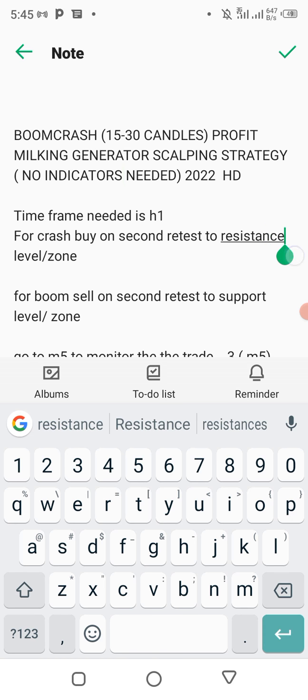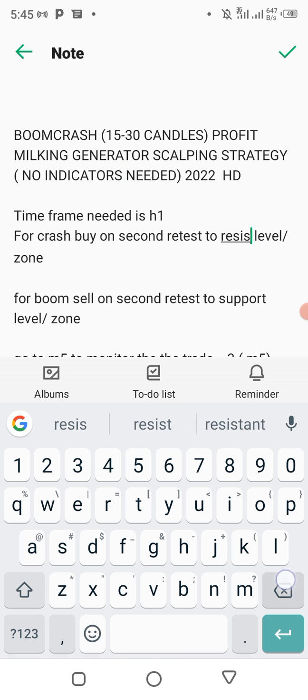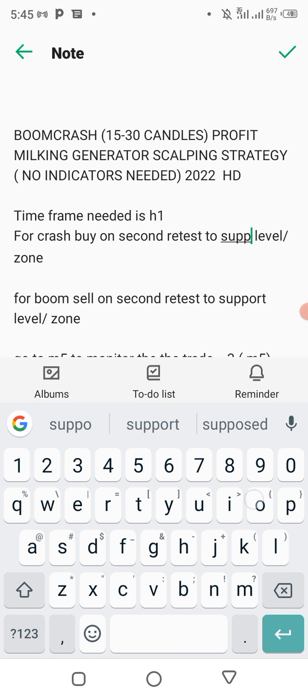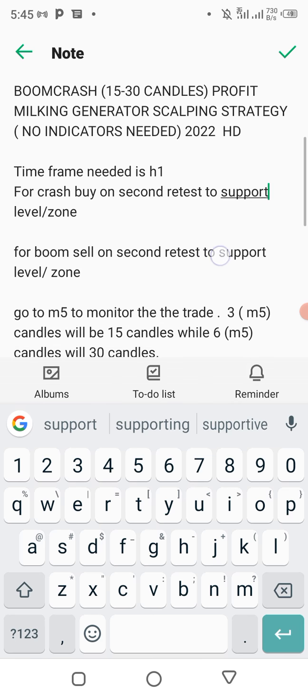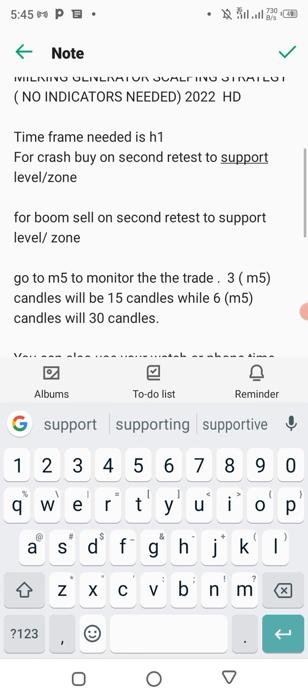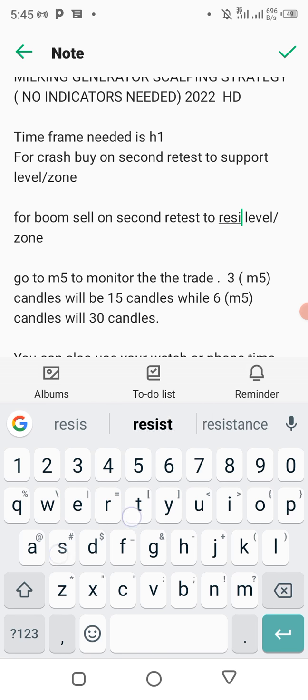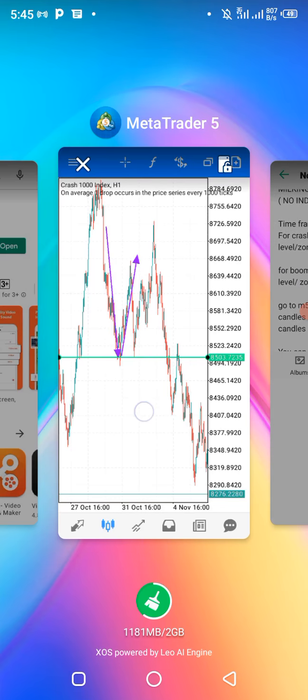You can buy on supports. It is called support. Okay, it's a small mistake, and this one should not be resistance. Resistance you sell. Okay, so let's go back to the charts.